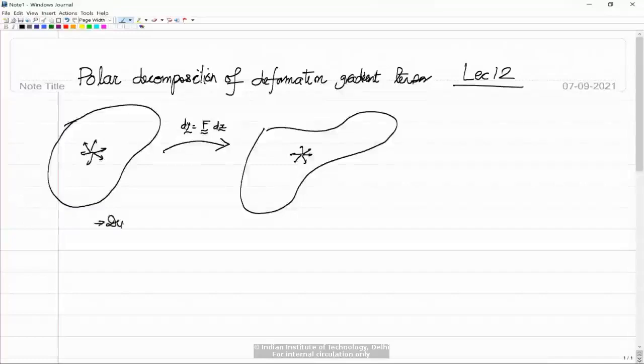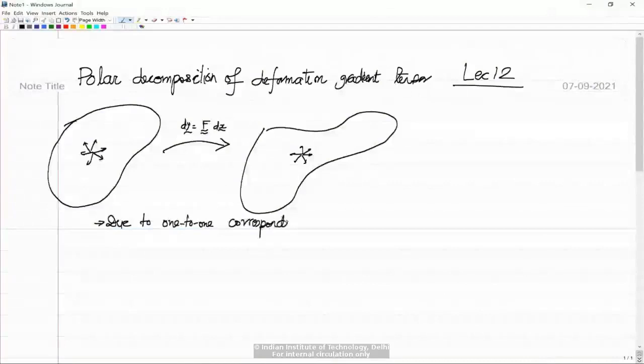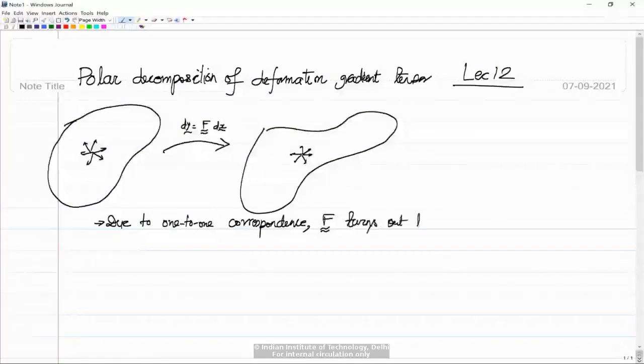So due to this one-to-one correspondence, big F turns out to be invertible. That's the property of a function. If there is a one-to-one map, then the inverse also exists.